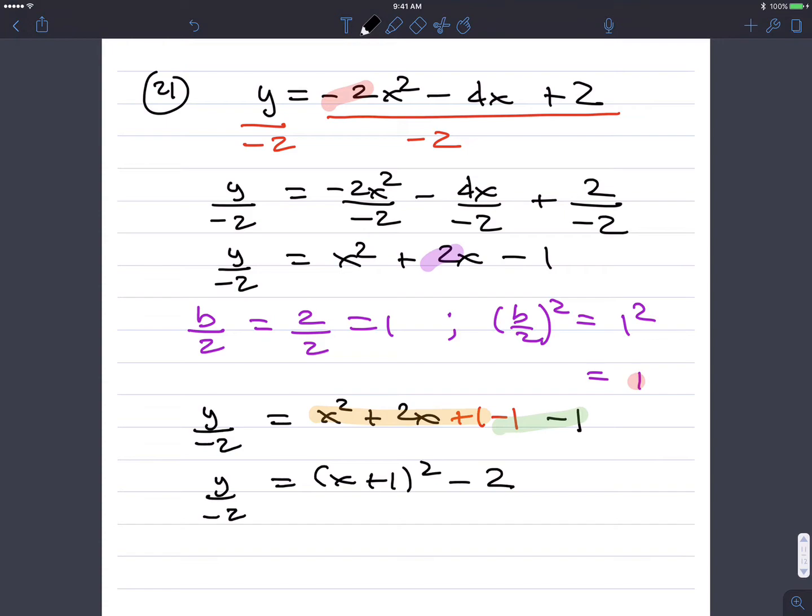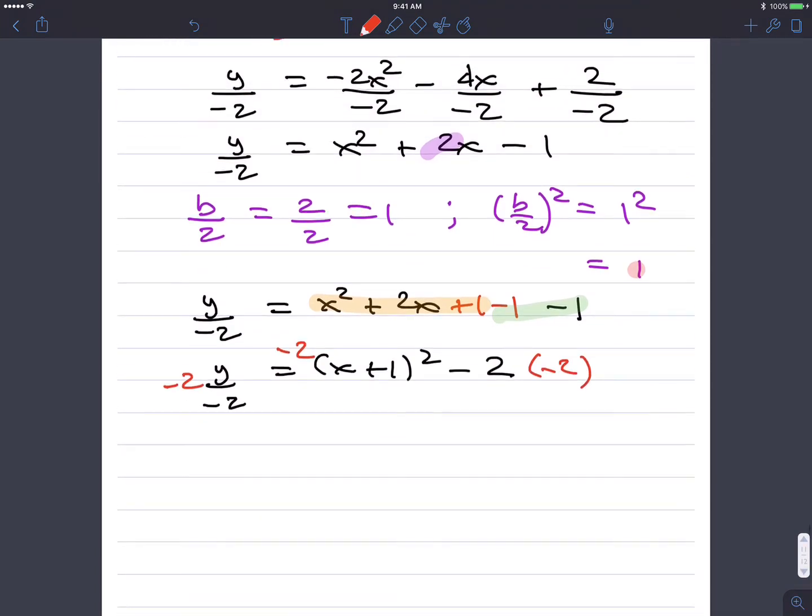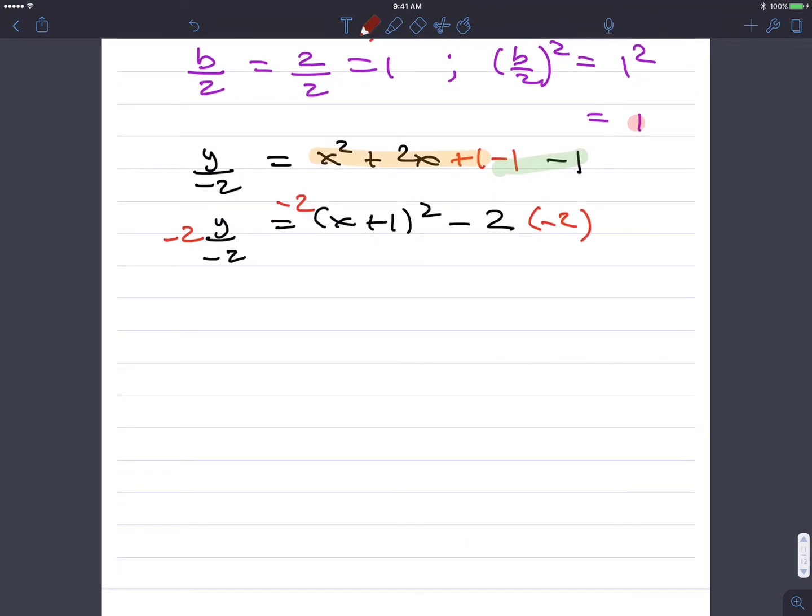What you're going to do now is you're going to multiply both sides by negative 2, because you have to solve for y. So negative 2, negative 2, negative 2. See what we end up with?